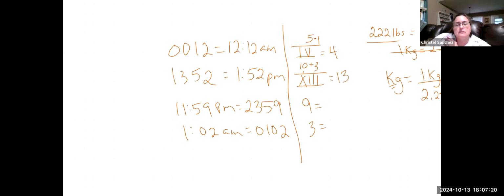This number is 9. We have our X and then our 1. X is 10, we subtract the 1, which gives us our 9. And on our 3, it's going to be 3 ones.